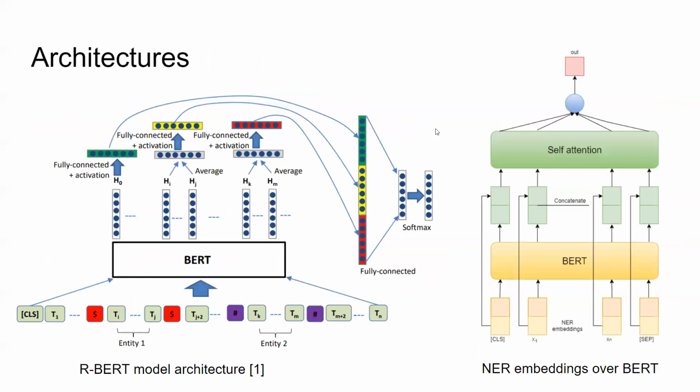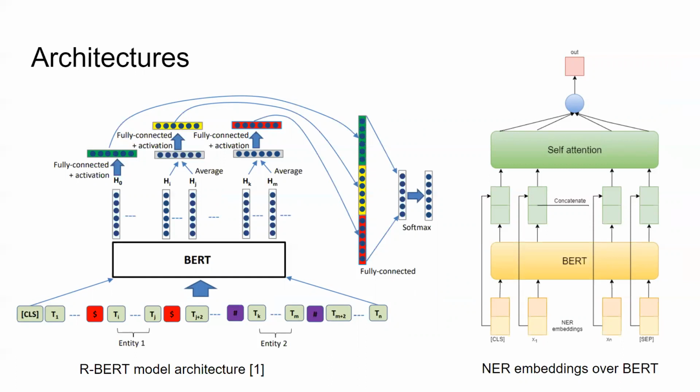To solve the relationship classification problem, we tried 2 models. In the first approach, we just concatenated BERT outputs with NER embeddings and passed the obtained vector through self-attention, averaging the entire sequence. The second approach is R-BERT, which had one of the best results in SemEval task 8.